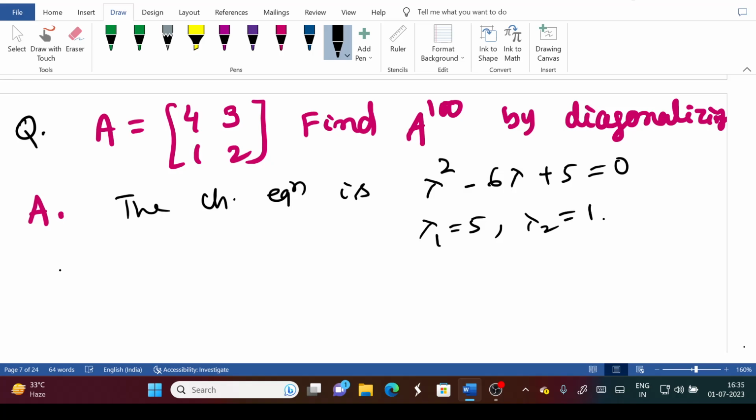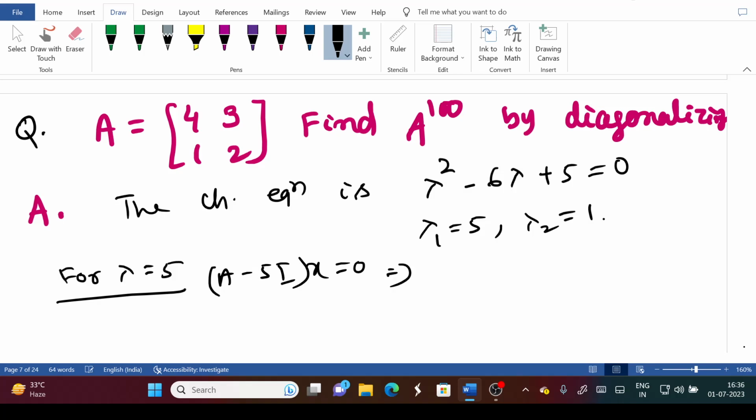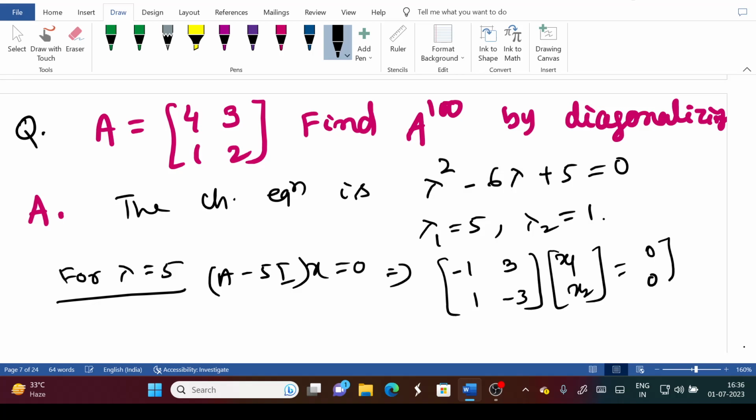Now for lambda is equal to 5, what will happen? A minus 5I into x is equal to 0. I will subtract 5 from the diagonal elements, so I am writing [-1, 3; 1, -3] into [x1, x2] is equal to [0, 0].